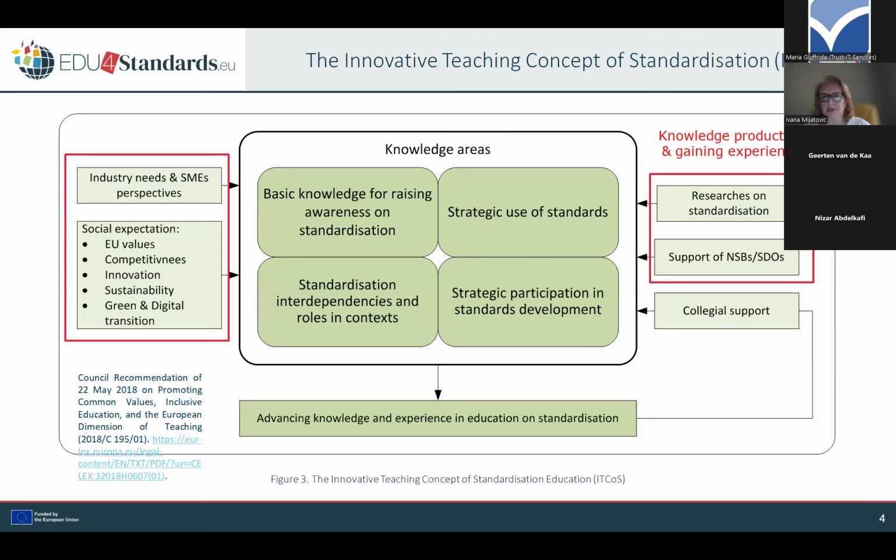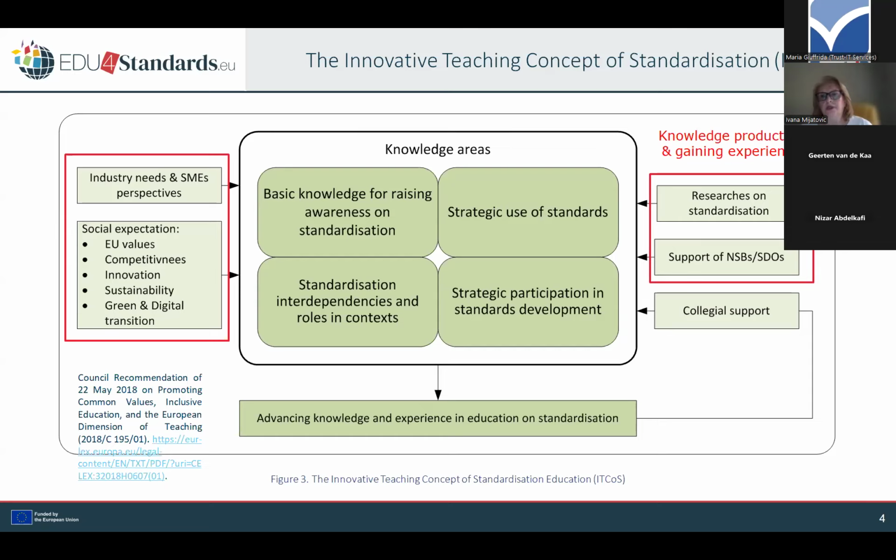Our concept is promoting common values. It is related to inclusive education, and it supports the European dimension of teaching, which is explained in the recommendation of the Council of the European Union from May 2018.